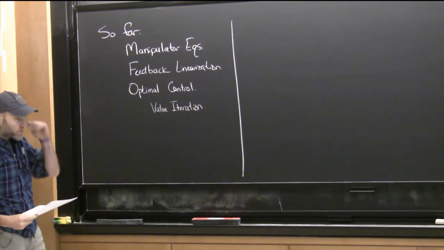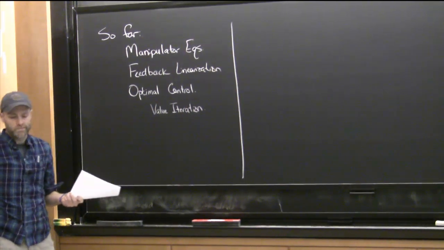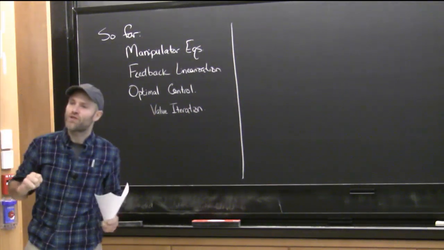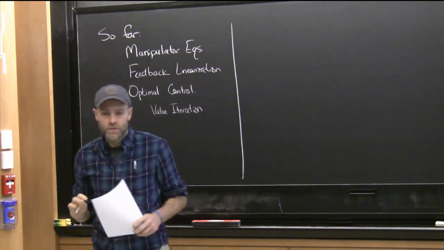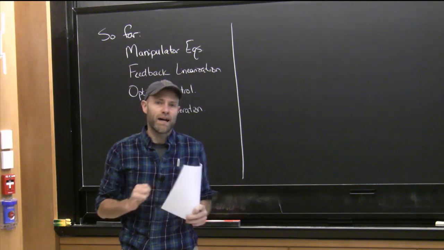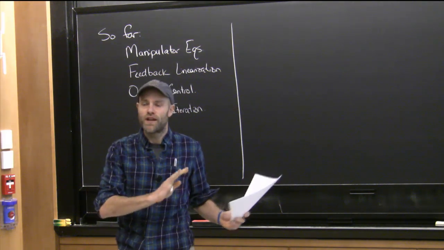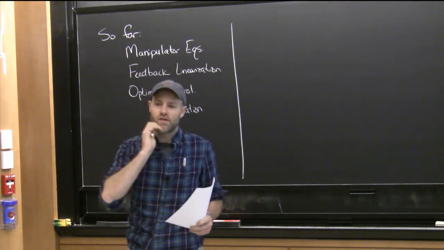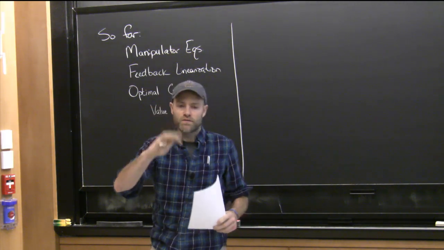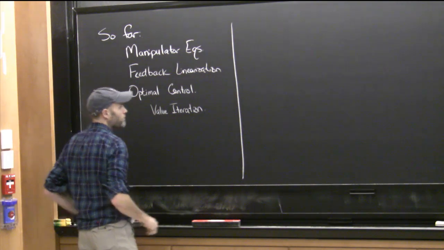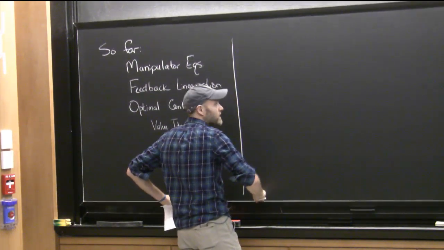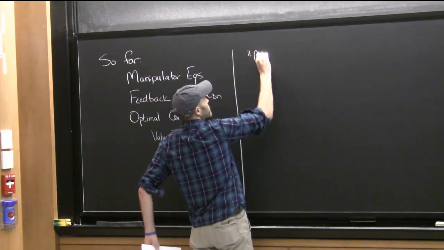So I want to start introducing to you some of the canonical underactuated systems. If you Google underactuated systems, you'll see papers, a lot of them by Mark Spong, or just a few people out there that have done some of the seminal work here on the so-called canonical underactuated systems.